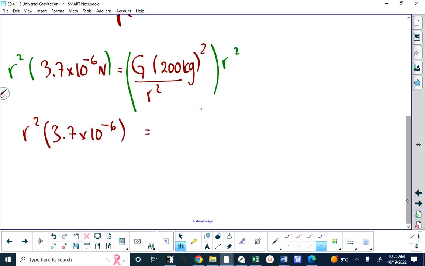And because I'm talking about the rearranging in the math here, I'm not really interested in the units. And this is equal to G times the 200 squared. So what happened here was by multiplying both sides of the equation by the same thing, I've kept the truthness of that equation.